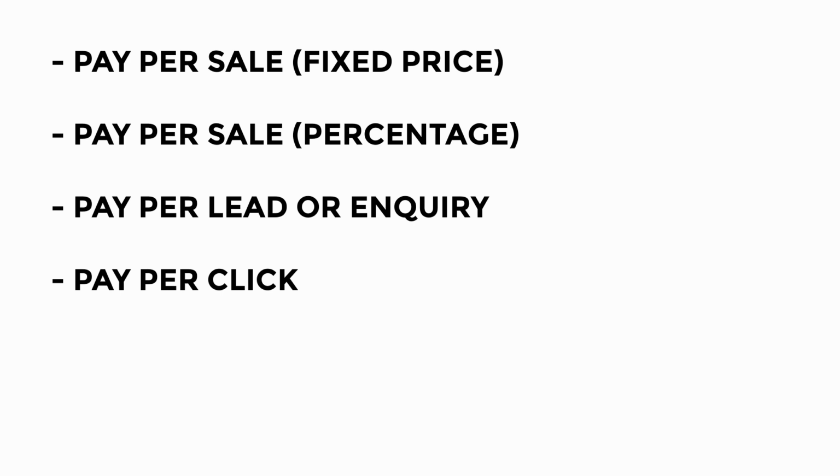Pay per sale percentage is where there is no fixed fee and you get paid a percentage of the sale price. Pay per lead or inquiry is a fixed fee that's paid out every time a qualified lead or inquiry is made. Pay per click is pretty much the least amount of money you can get, and that is every time someone clicks on a merchant's site by the affiliate link, you get a very small fixed fee.